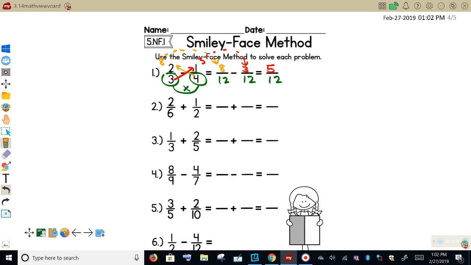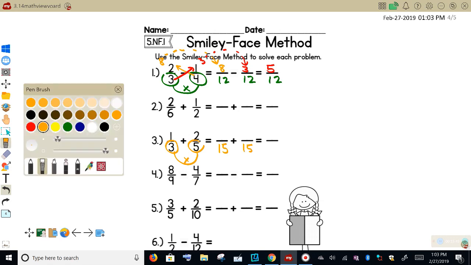Let's see. Actually, let's skip to something different because I'm tired of getting a denominator of 12. Let's do number 3. Make my smiley face. I'm going to multiply 3 and 5. Why do we put the nose there as an X? What is that to help us remember? Yeah, we're multiplying those two things together that are connected. 3 times 5 is 15.